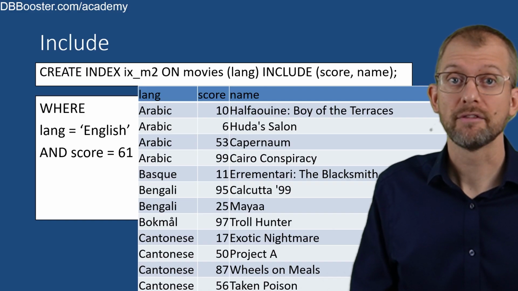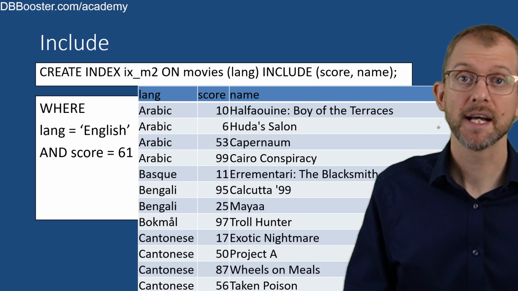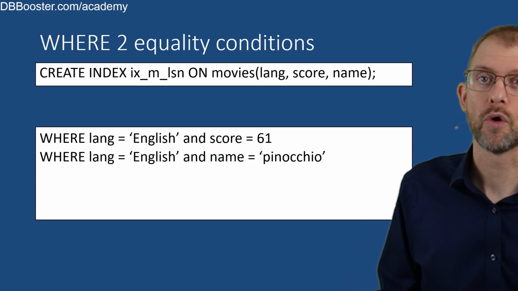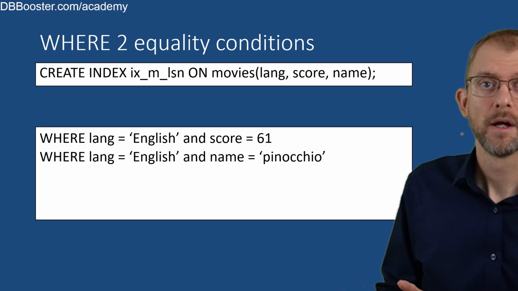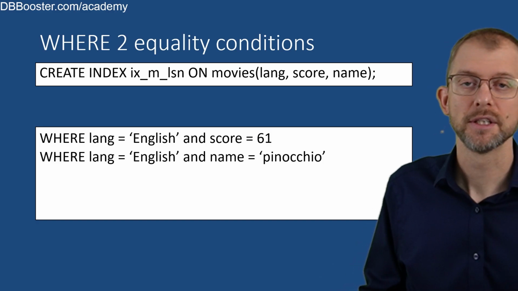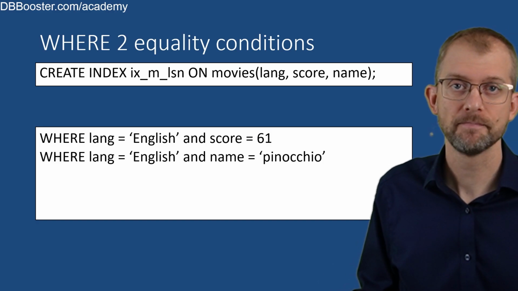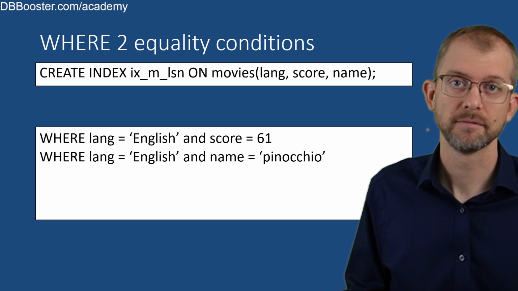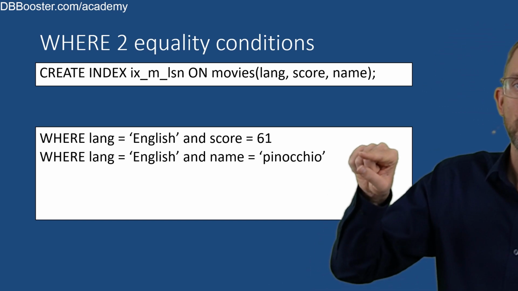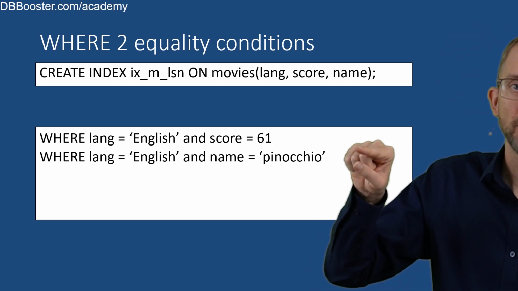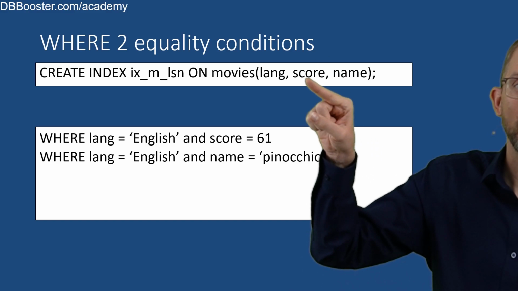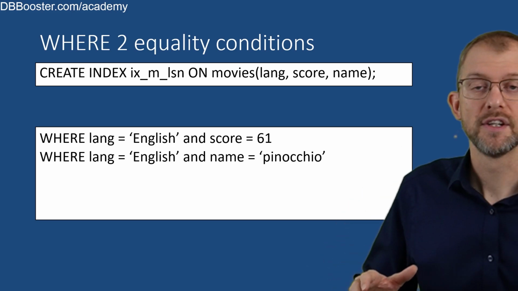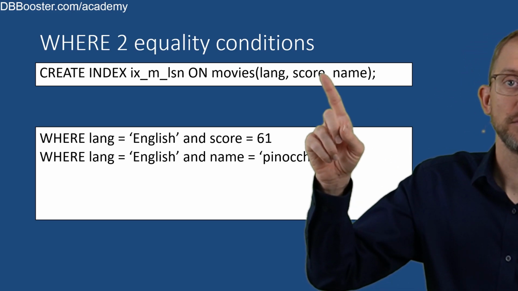Now let's say I have only the index on language, score, and name. With the conditions language equals English and score equals 61, this index is perfect. But if a new query arrives using the condition language equals English and name equals Pinocchio, this index is no longer optimal because there is a gap on the second column.